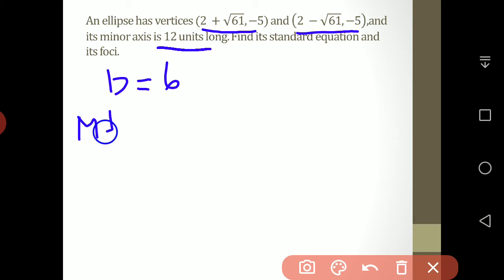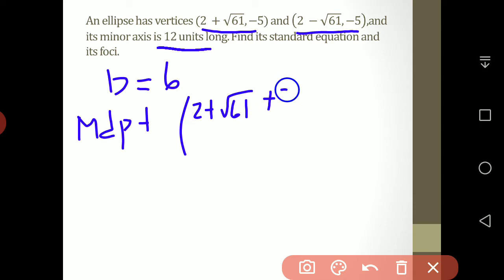So we're going to get the midpoint of that. The midpoint will be, just add the x terms and divide by 2, and same with the y terms. So 2 plus square root of 61 plus 2 minus square root of 61, we divide by 2, that is for x.